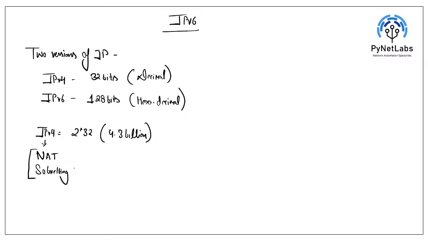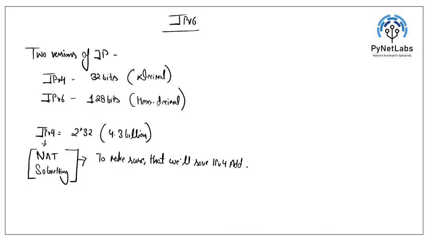These two solutions were introduced to save IPv4 addresses. But somehow, with 4.3 billion addresses, even after putting these two solutions, NAT or subnetting, we were still running out of IP addresses.